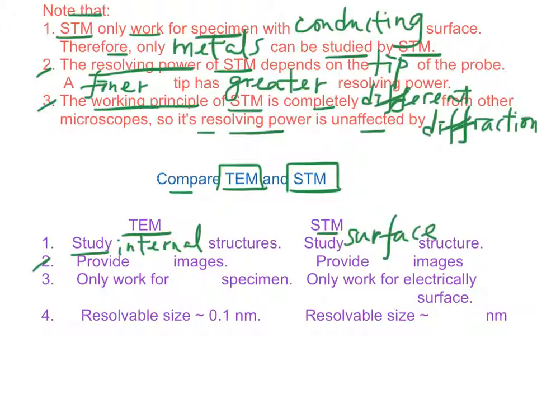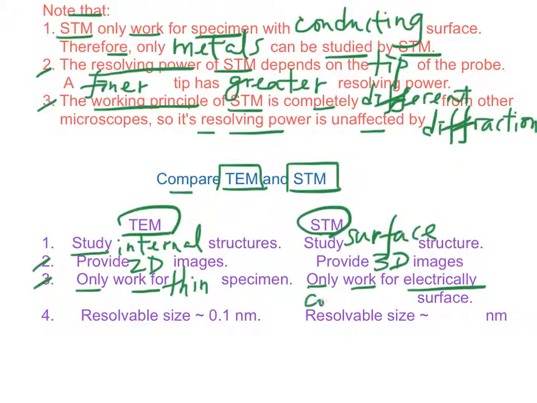Next, TEM only provides two-dimensional image, and STM provides three-dimensional images. Next, TEM only works for thin specimens, and STM only works for electrically conductive surface.